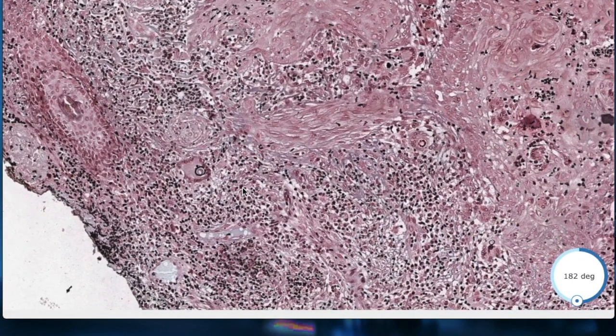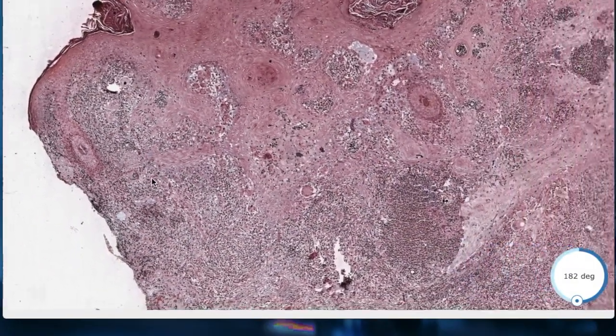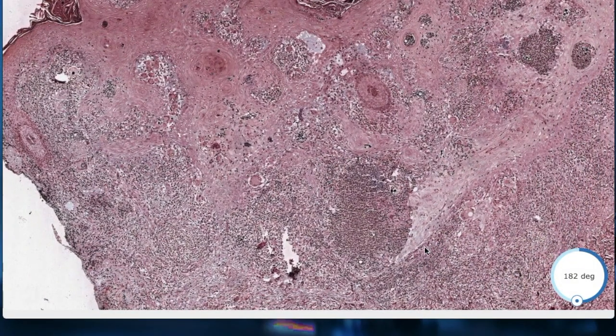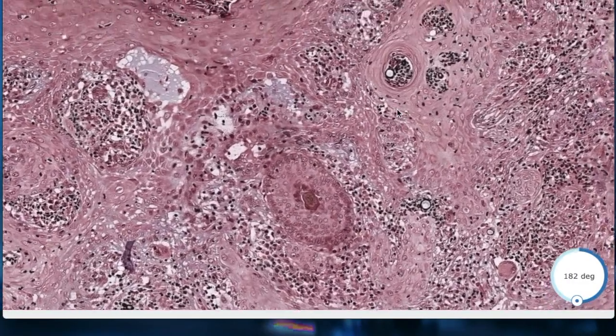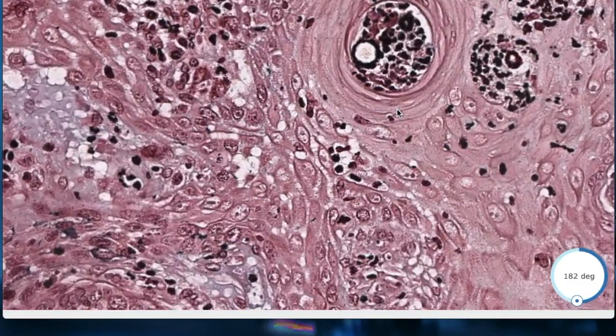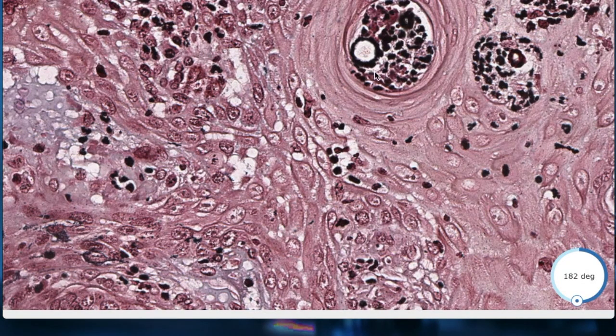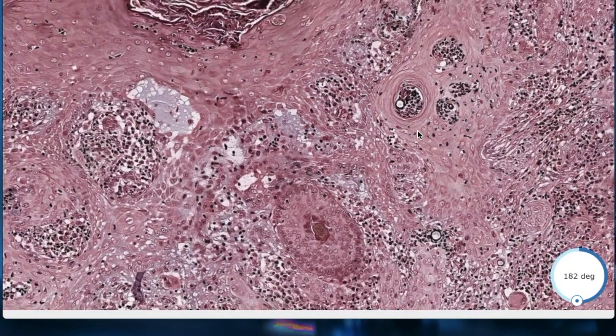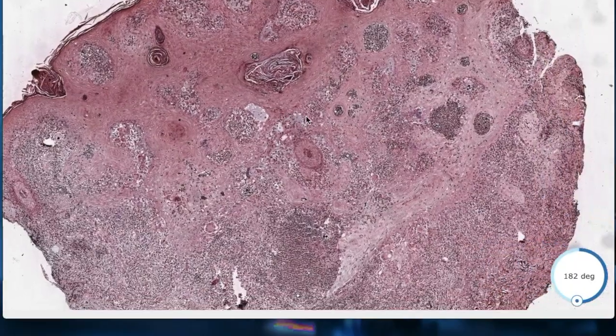So when you look on low power, you see those infiltrative granulomas with neutrophils. And if you go on high power and look for specific examples, you will be able to identify this lesion as a florid example.